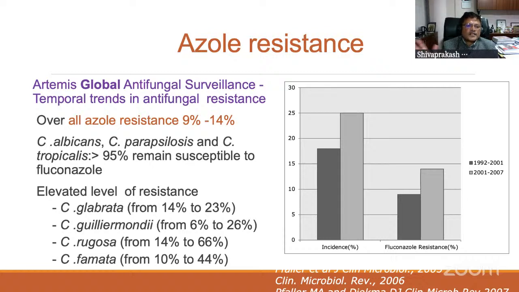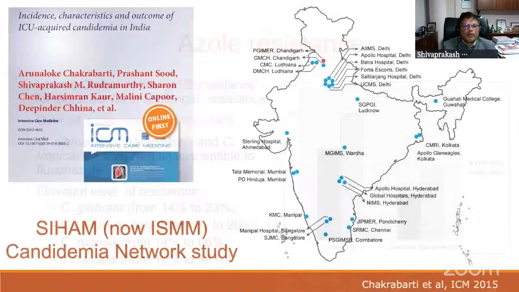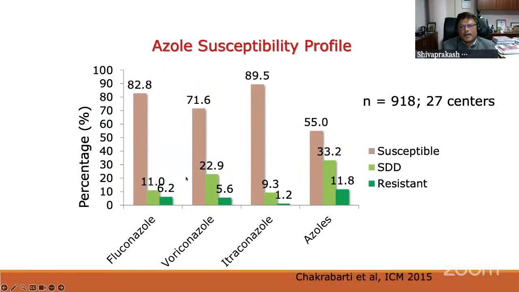Even in albicans we do not have much of a problem. Parapsilosis resistance has also increased. But unlike Candida glabrata resistance in Western countries, we do not see much resistance in Candida glabrata. So identification of the yeast to the species level is very, very important. This is an IAMM study, and these are the particular data.